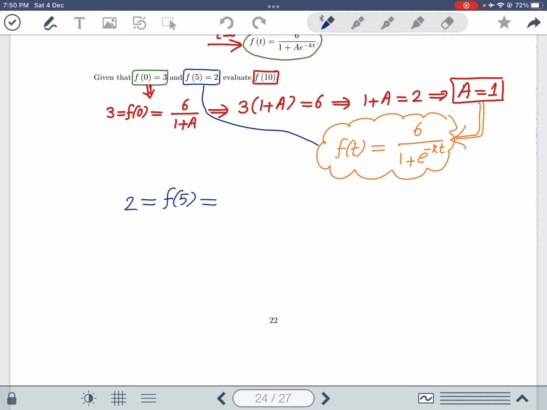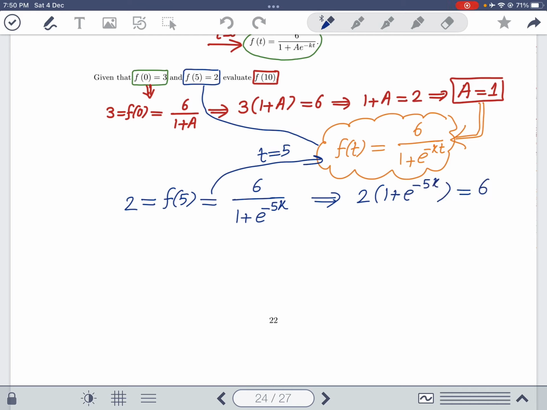On the other hand, if you use this formula and put t equal 5, you'll get 6 over 1 plus e to the minus 5k. Which means that if you cross multiply, 2 times 1 plus e to the minus 5k is 6. Divide by 2, so 1 plus e to the minus 5k is 6 over 2, which is 3. Now subtract 1.